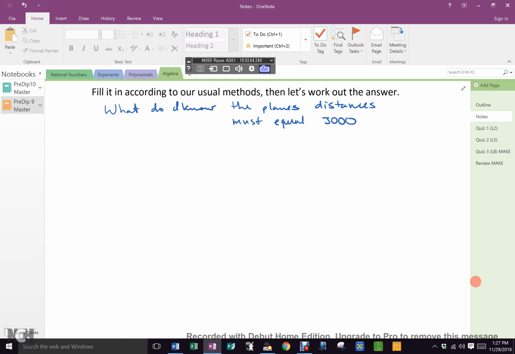So we know that distance 1 plus distance 2 has to equal 3,000, don't we? But we also know that distance 1 equals something else. It also equals 550x. And distance 2 also equals 450x, and together they have to equal 3,000.